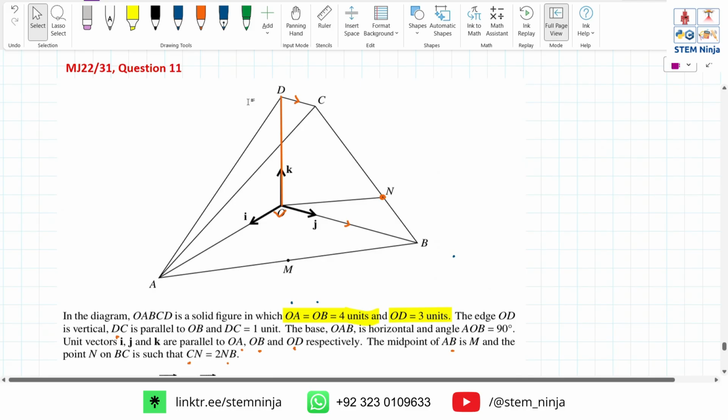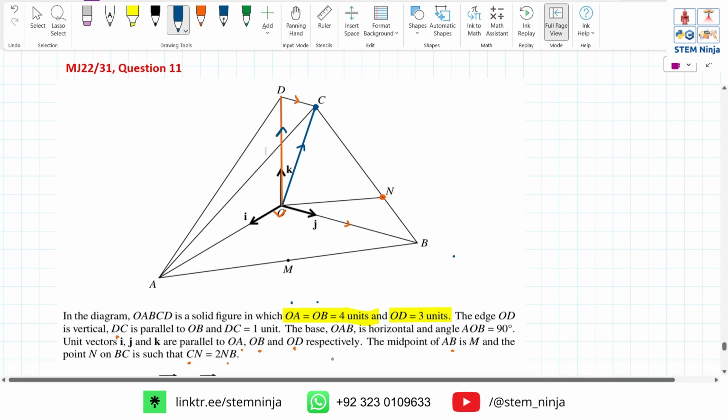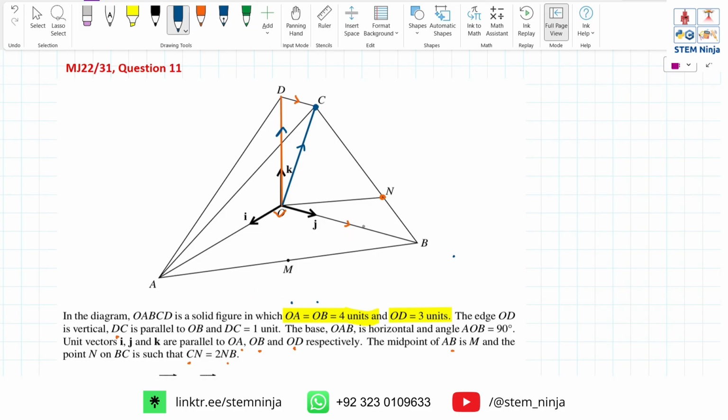Okay. Now we know that C, if we want the position vector of C, we can go through OD and then DC. Because DC, they already gave us that it is 1 unit and it's parallel to OB. That means 1J.